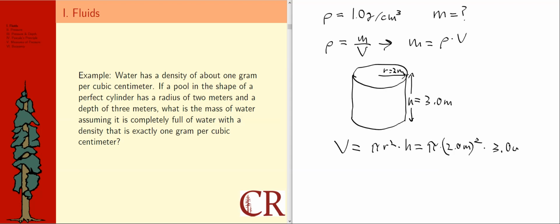Did I forget to say the pi? The pi is there too. So pi times 2 meters squared times 3 meters. Going to my calculator, it says 37.699, etc.